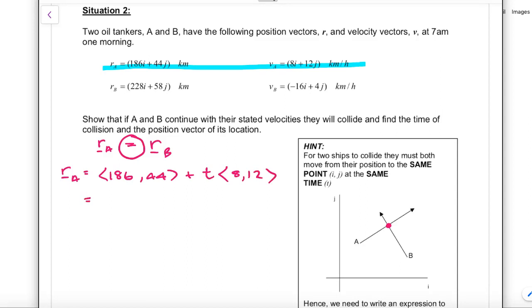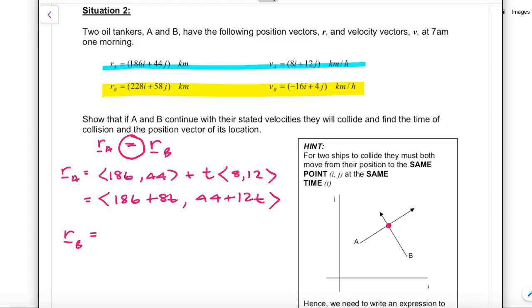Let's actually put our i and j components together because it makes for more efficient calculations. So it's 186 plus 8t in the i component and 44 plus 12t in the j component. Looking at the movement that's going to happen, so the position representing now tanker B, we've got 228i plus 58j as its initial position, and it's moving with negative 16i plus 4j.